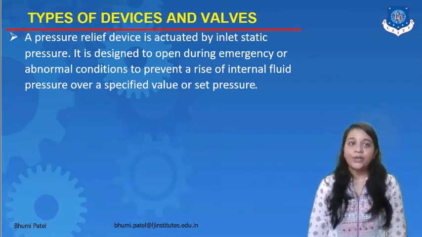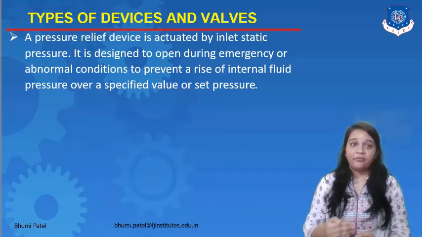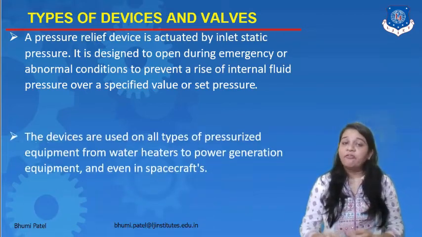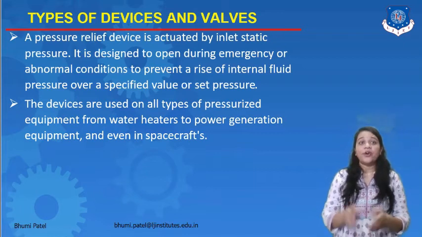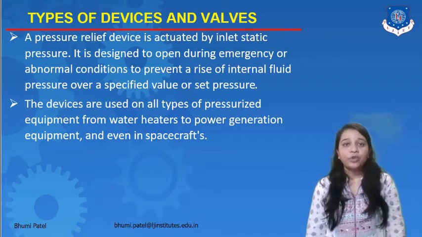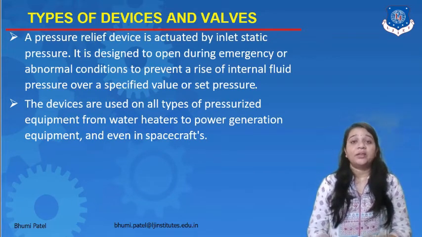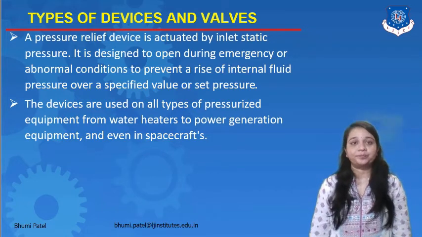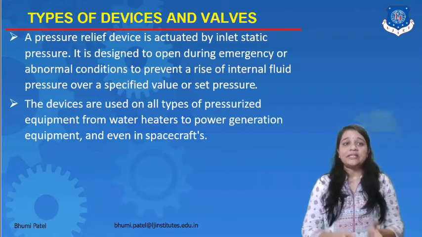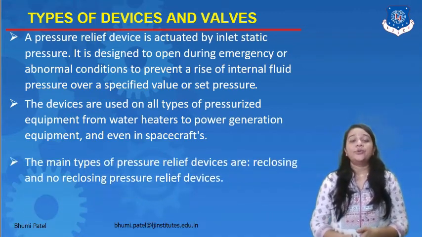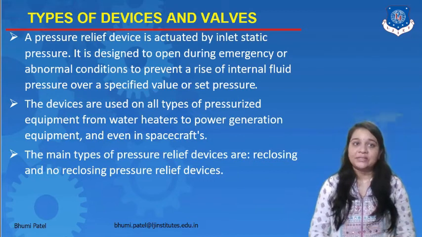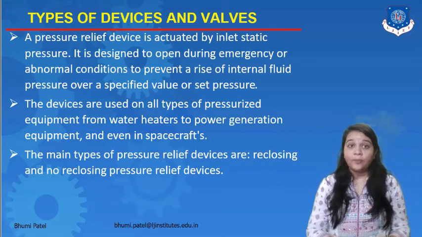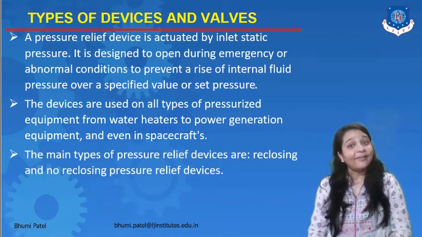So generally the pressure relief valve and safety valve are always used for emergency or abnormal conditions to prevent the internal fluid pressure from going over the specific pressure value. These types of devices are used on all types of pressurized equipment, from water heaters to power generation equipment and even in spacecraft.